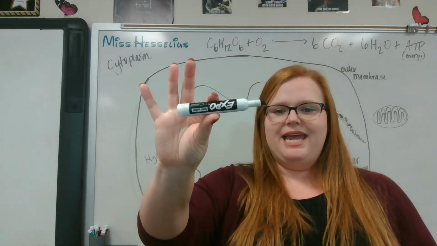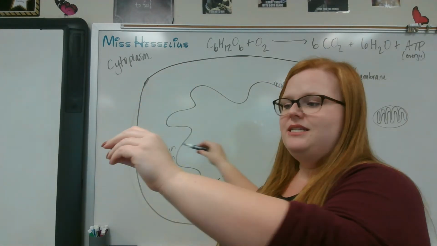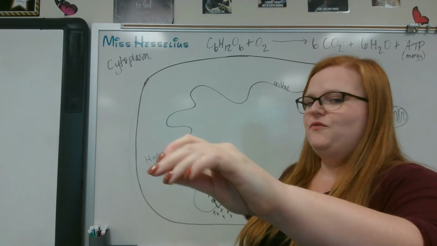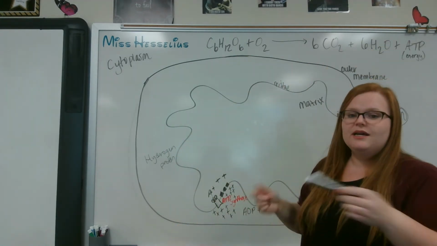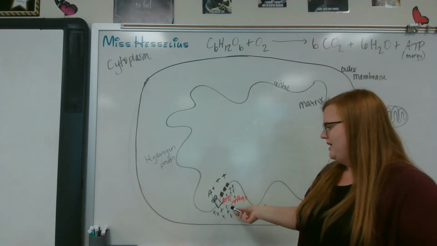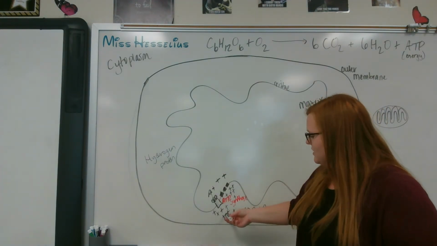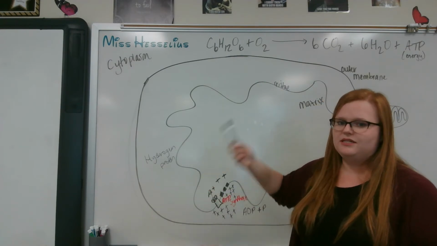So if this was my ADP molecule and this was a phosphate group, when ATP synthase spins, it forces those two molecules together. And it keeps forcing them together every time it spins around. And it can only put those two things together when it's spinning. So it has to be spinning to make ATP, and protons have to be going from high concentration to low concentration to make it spin.